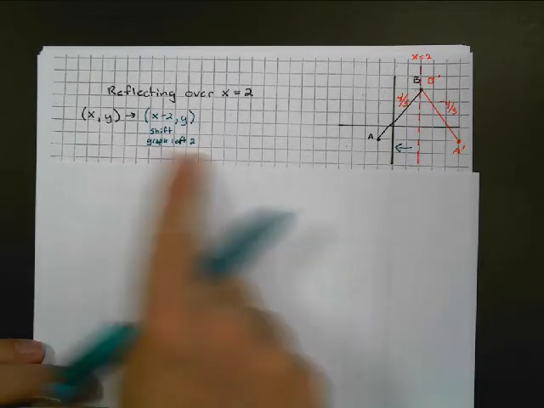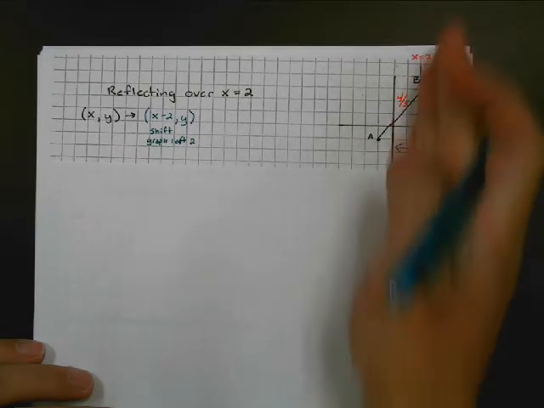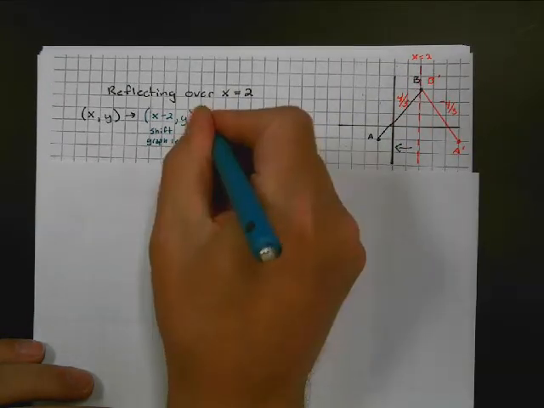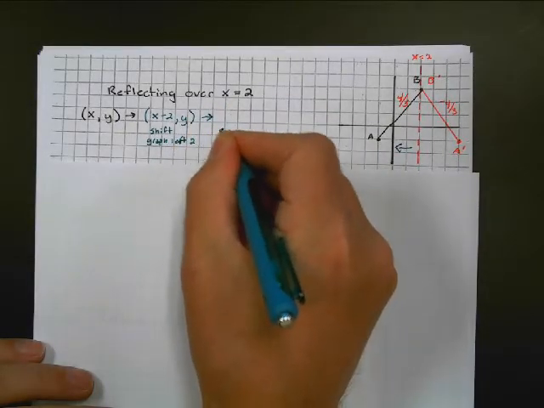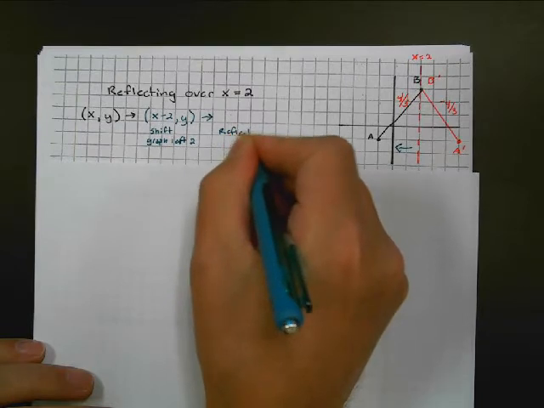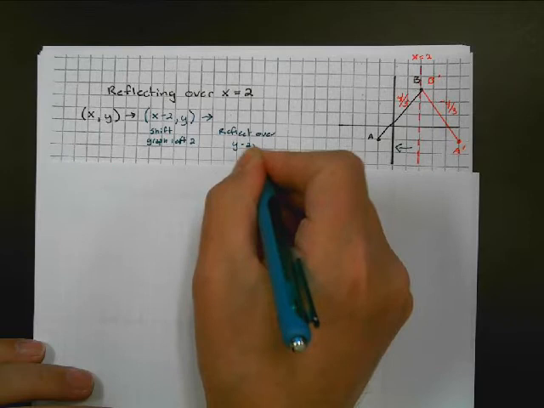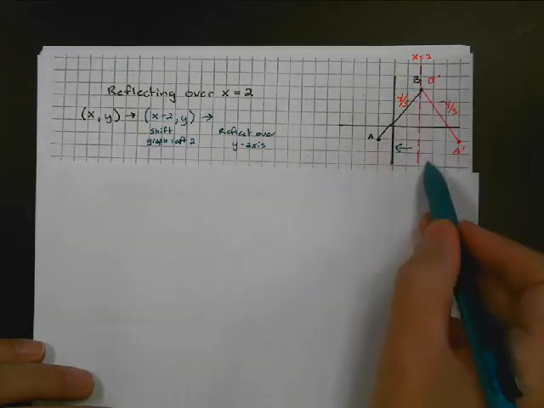So I'm going to shift the graph left 2. Why did I do that? So I can reflect, because now I'm pretending like this is the y-axis. Okay, so now I'm going to reflect over the y-axis.